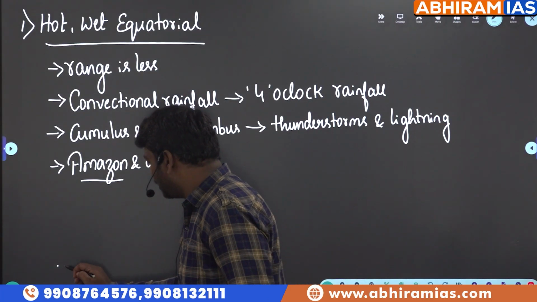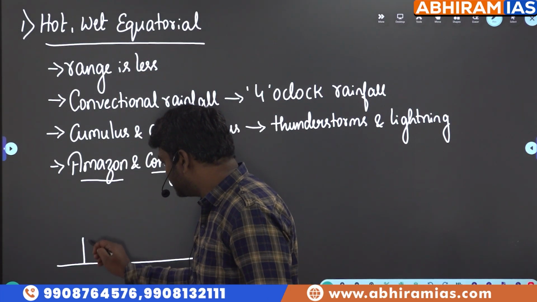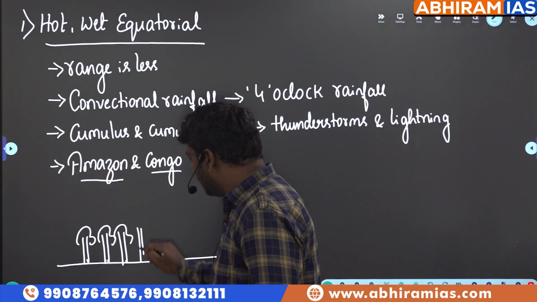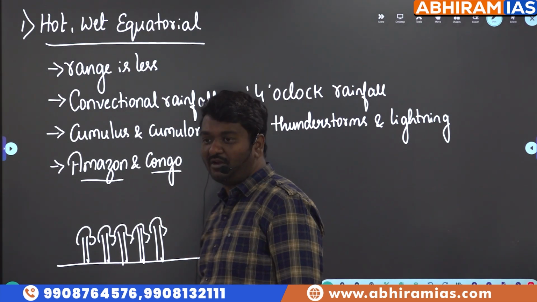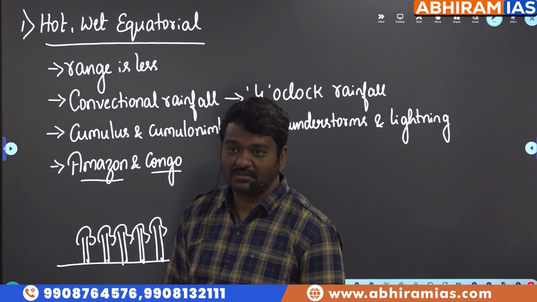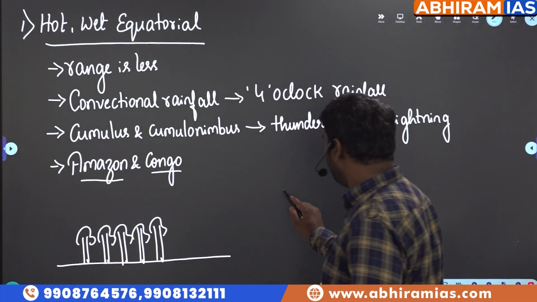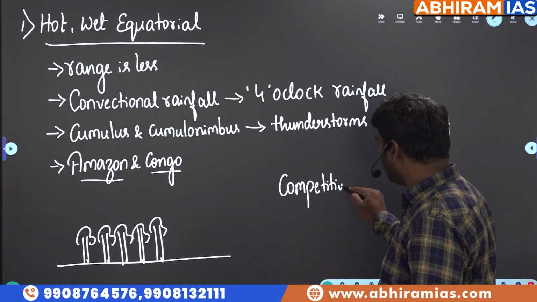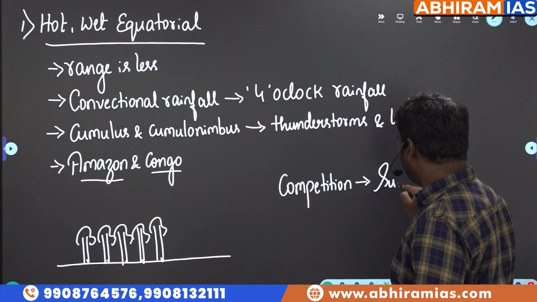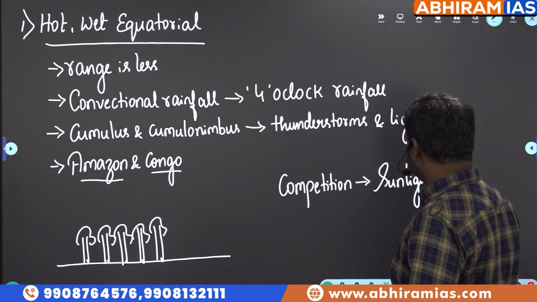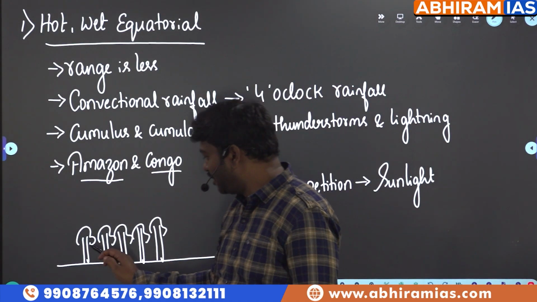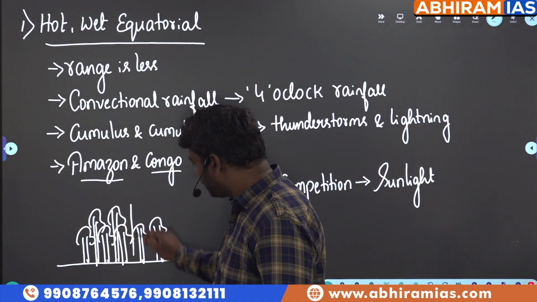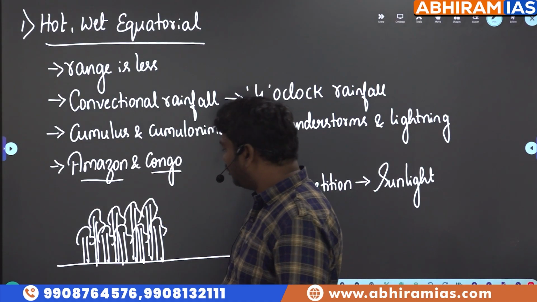Next, guys, everyday rainfall means, will you have evergreen forest? Yes. Do they have a problem for rainfall or a problem for sunlight? Sunlight. So, what is the word here? Competition is for what? Sunlight. Now, when competition is for sunlight, can we say more trees grow?